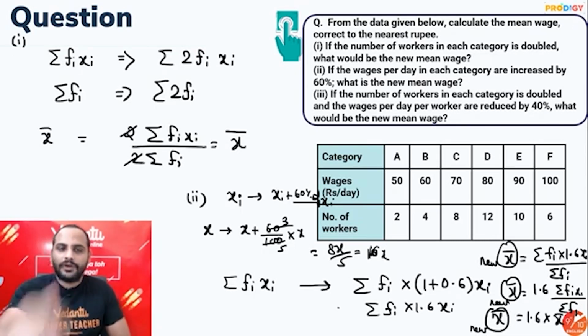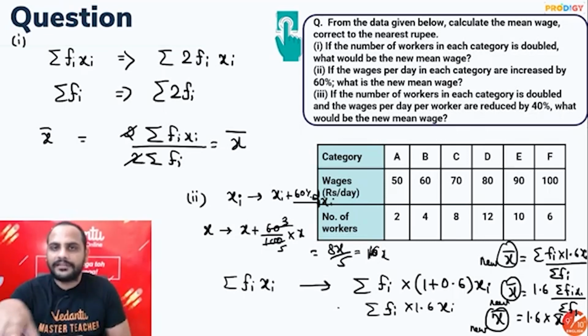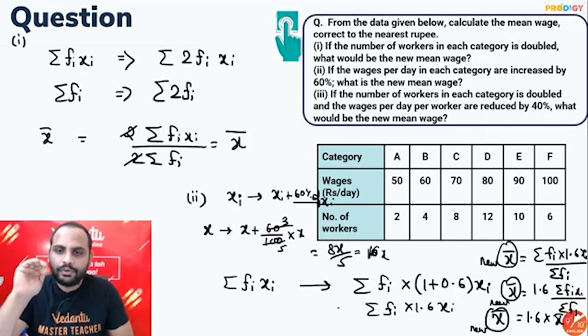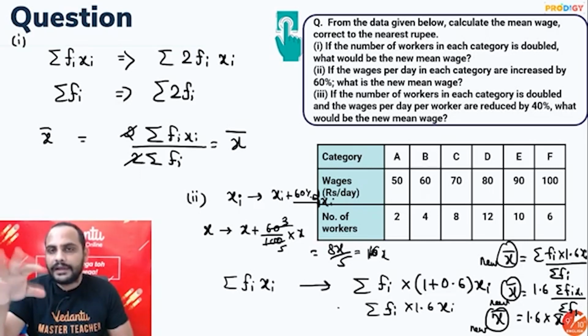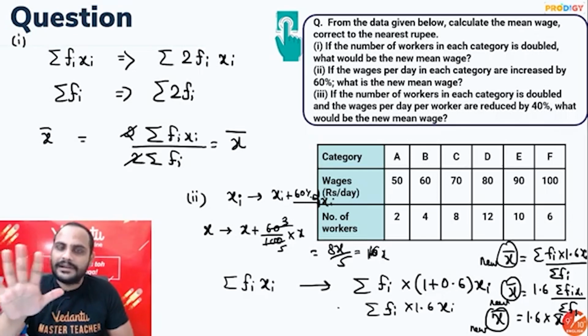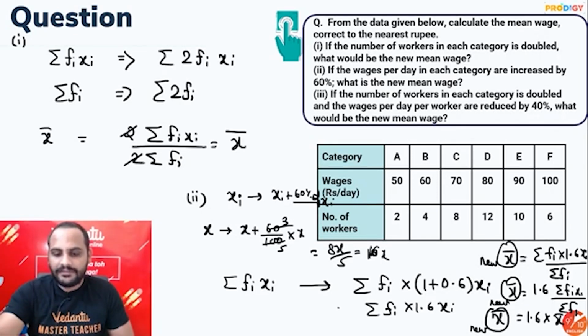That means from here the first one and the second one, understand, if we do the same changes in frequency, we multiply the frequency with any number, or we divide all the frequency with any number, mean does not change. But if we multiply the xi values with any number or divide it with any number, same thing goes on for the mean as well.